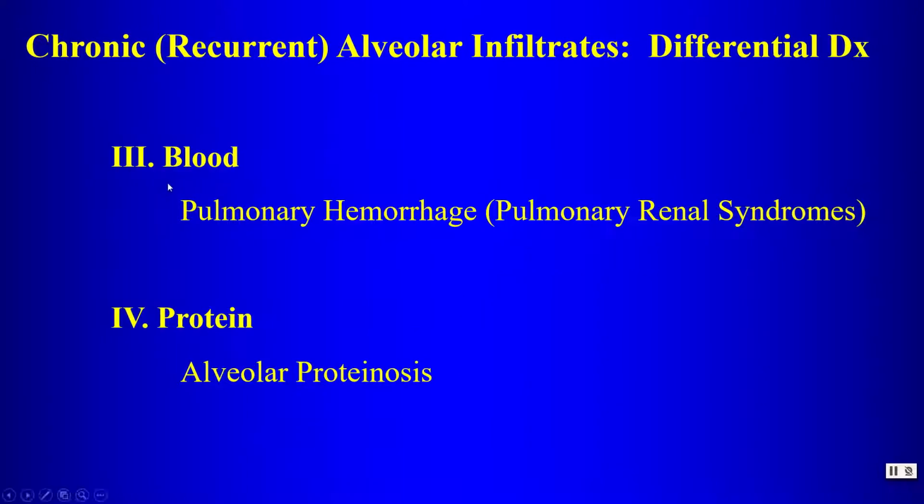We've seen cases of pulmonary hemorrhage, so these patients might have recurrent hemorrhage that might resemble chronic airspace disease. We've discussed the pulmonary-renal syndromes, and we've also talked about alveolar proteinosis, especially if the patients have recurrent bouts, so they may come back multiple times with airspace disease from pulmonary alveolar proteinosis.